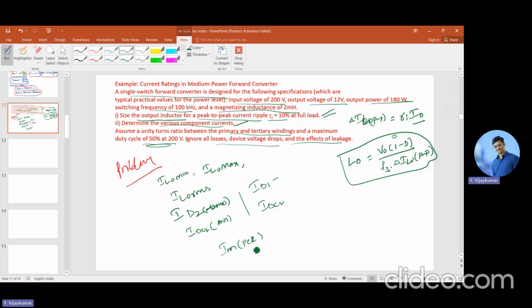We also have the reflected secondary currents, that is IS minimum dash and the reflected maximum current IS maximum dash.